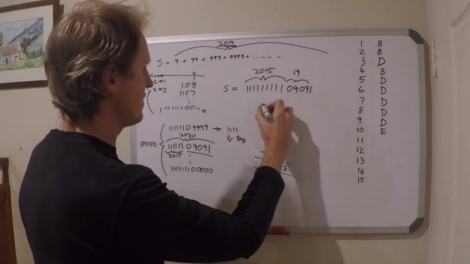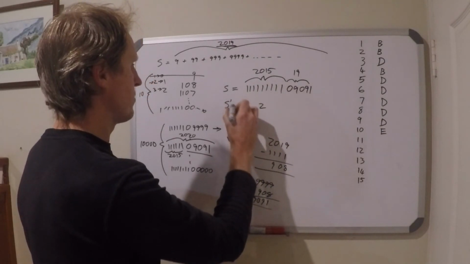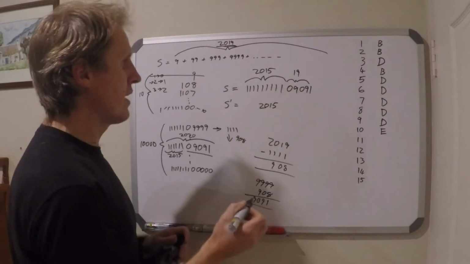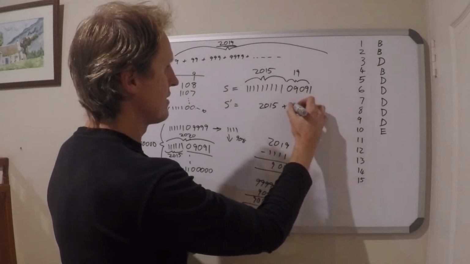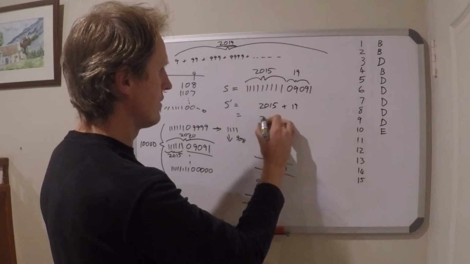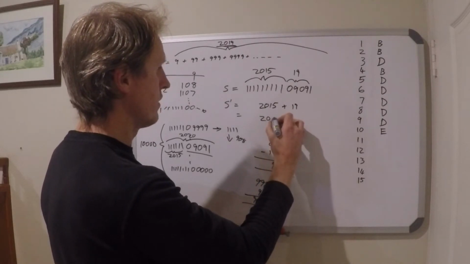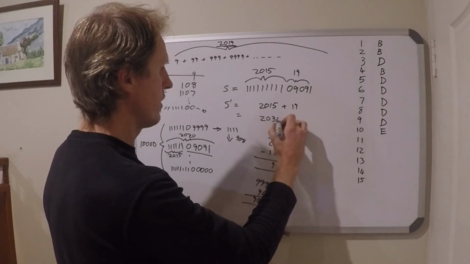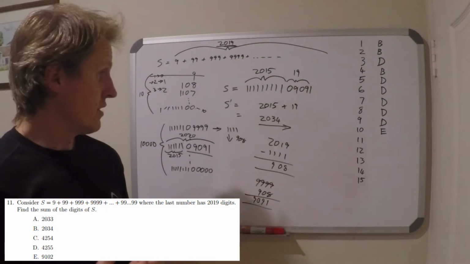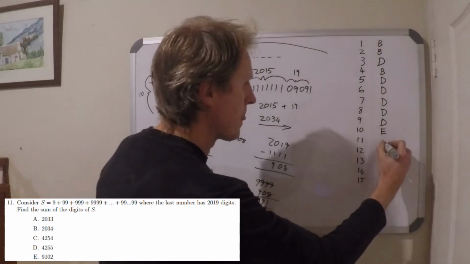So the sum of these digits is, I'm just going to write S prime is equal to 2015, because that's how many ones there are, plus 19, which is equal to 2034. Let's check if that's one of our solutions. 2034 is option B.